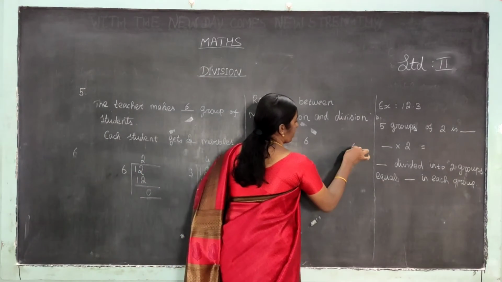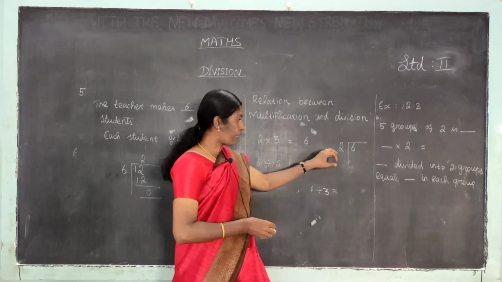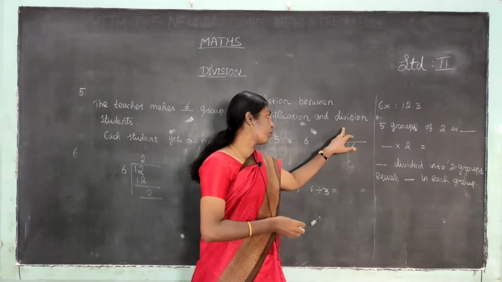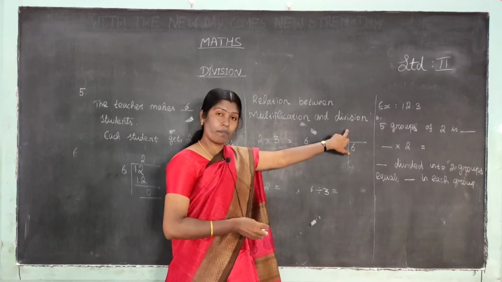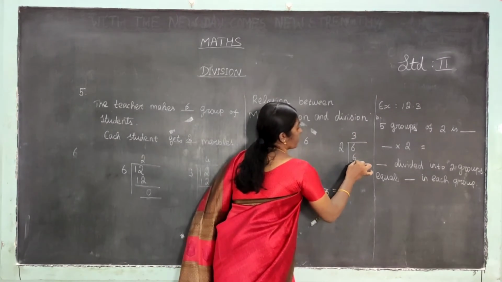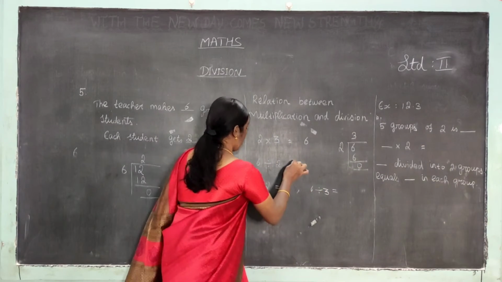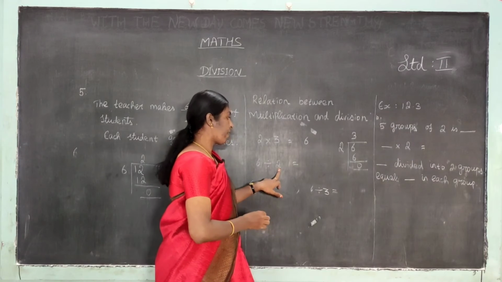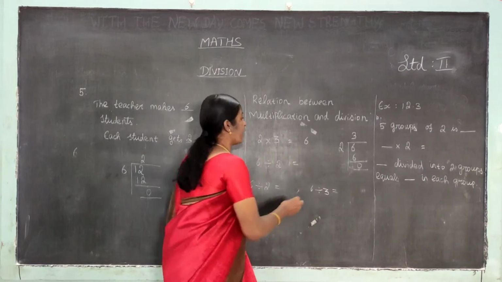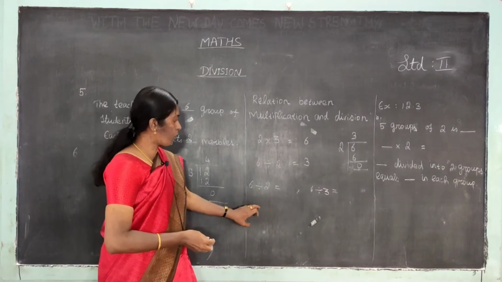Tell the 2 table. 2 1s are 2, 2 2s are 4, 2 3s are 6. So the dividend is 6 and the remainder is 0. Here you write 6 divided by 2. What is the quotient here? 3.